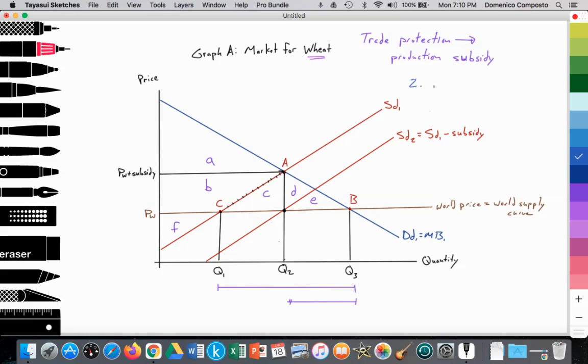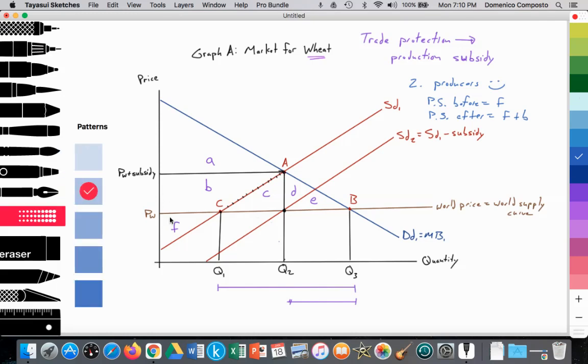Okay, number two, how about domestic producers? They are better off because producer surplus before the production subsidy was equal to area F. But the producer surplus after the production subsidy is now equal to areas F plus B. So there's more producer surplus as a result, right?